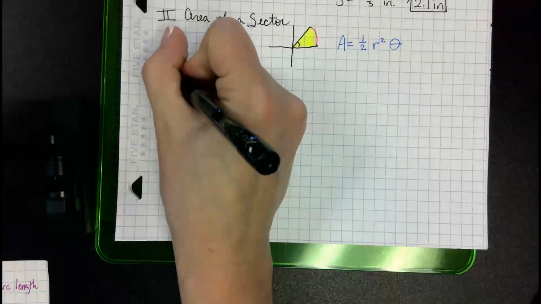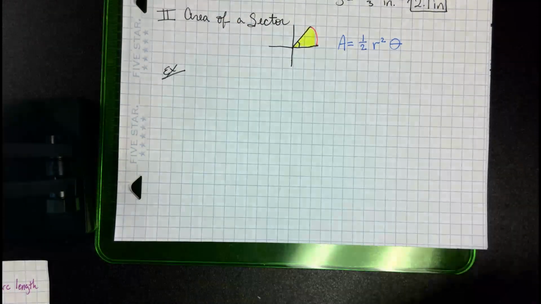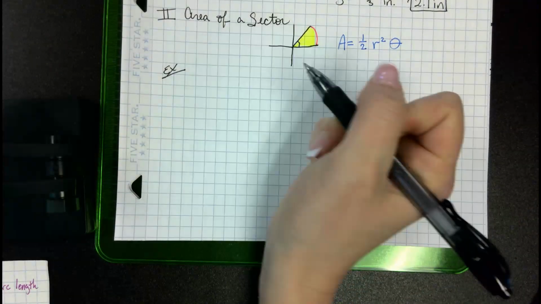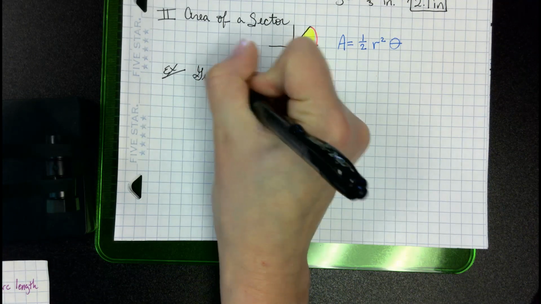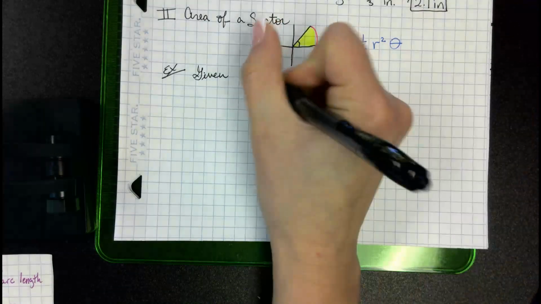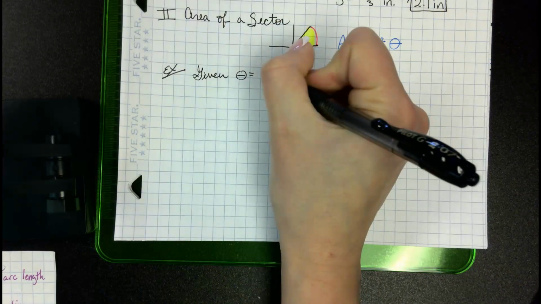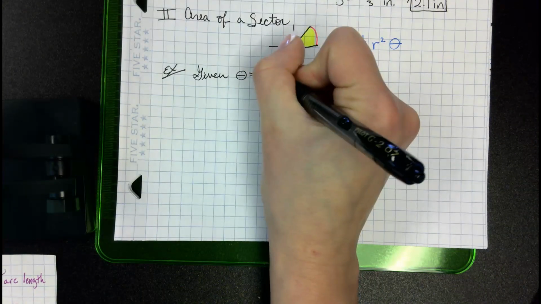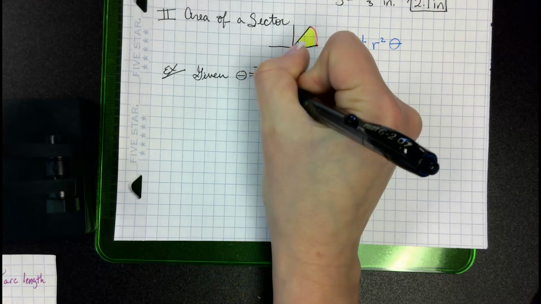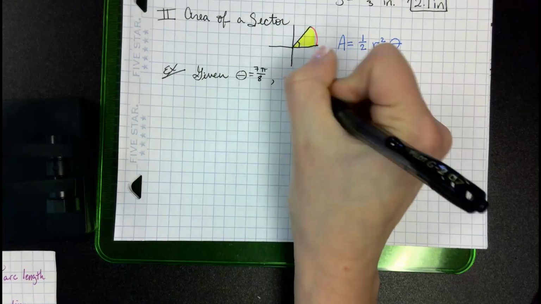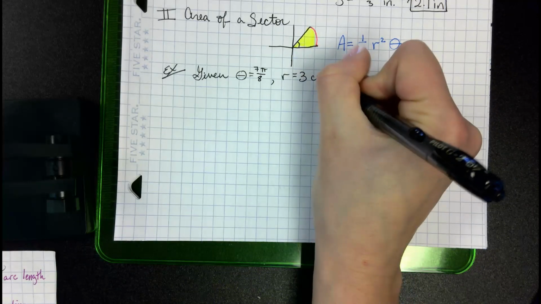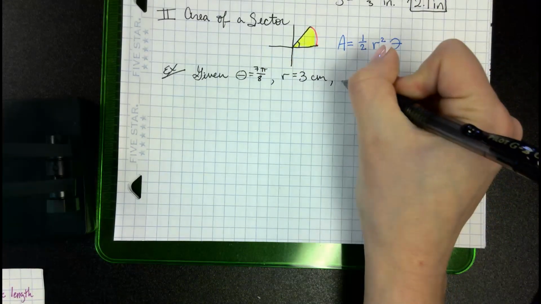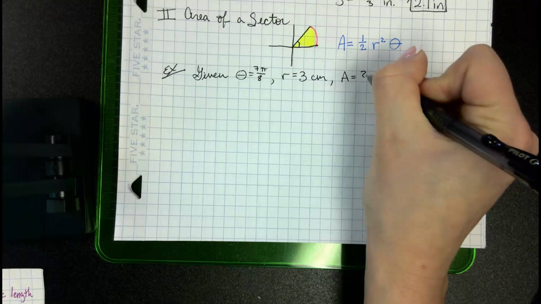And your example, if you are given that theta equals 7 pi over 8, and that the radius equals 3 centimeters, then the area equals question mark.